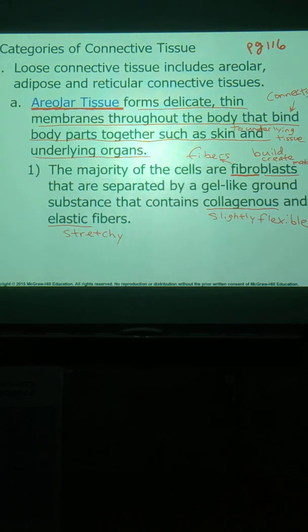Categories of connective tissue: we have loose connective tissue, including areolar, adipose, and reticular. So areolar is the one that we saw, the very loose fibers. You'll see the thin, elastic, and thick collagen fibers. Adipose is the fat tissue, looks like water-filled baggies. And then reticular, again, looks like tree branches.